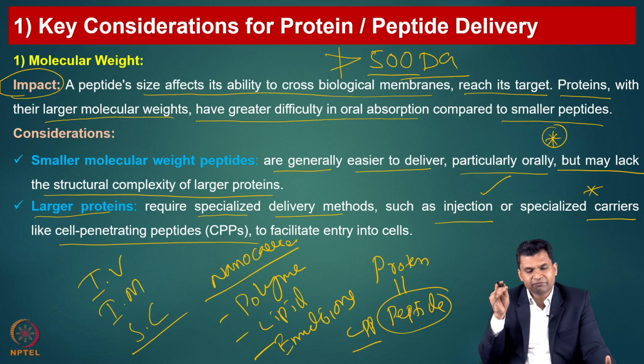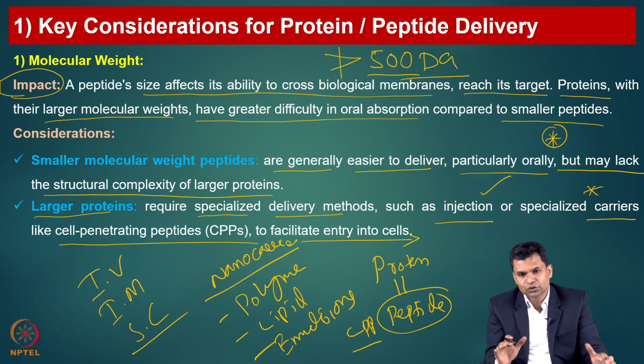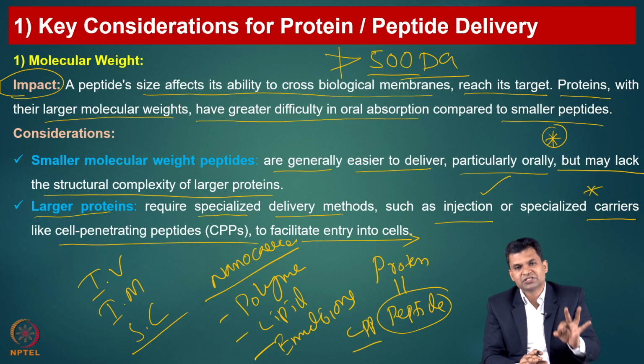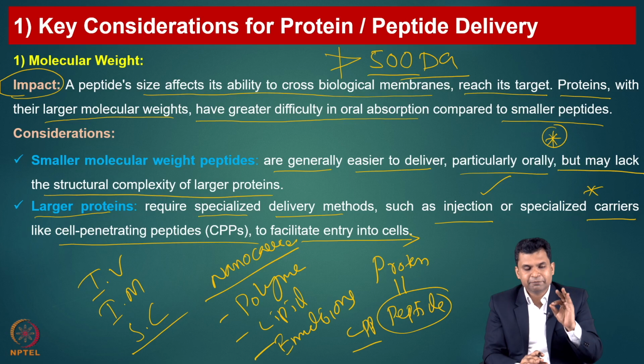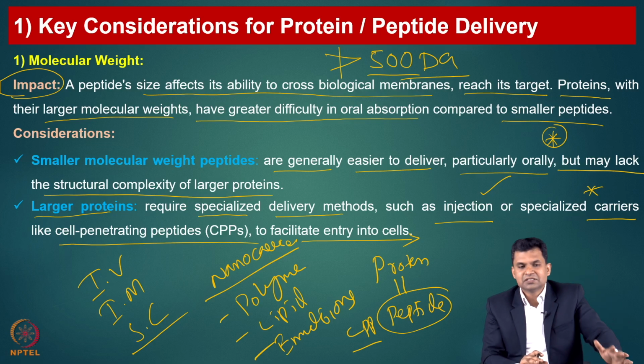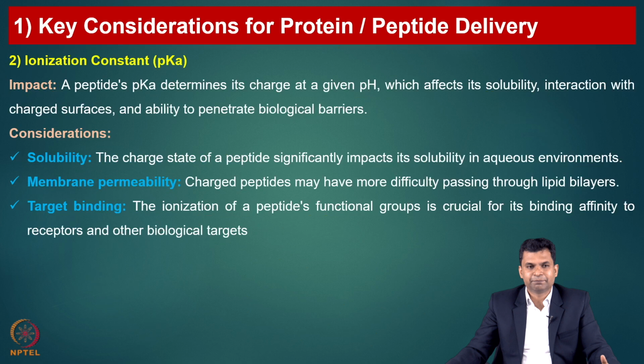It will help with the penetration of the molecule and give it entry into the cells. Whenever you have large molecules, you need to go through either injection, carriers, or complexation with a cell penetrating peptide that will take the molecule into the deeper layers of the cells. So, molecular weight has a major consideration in the delivery of proteins and peptides.